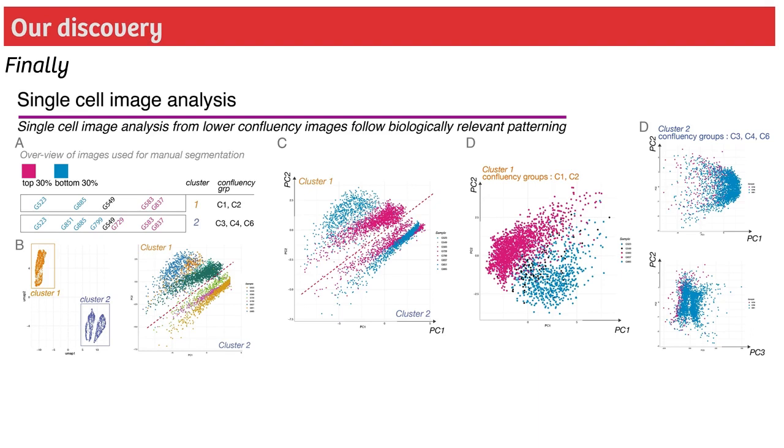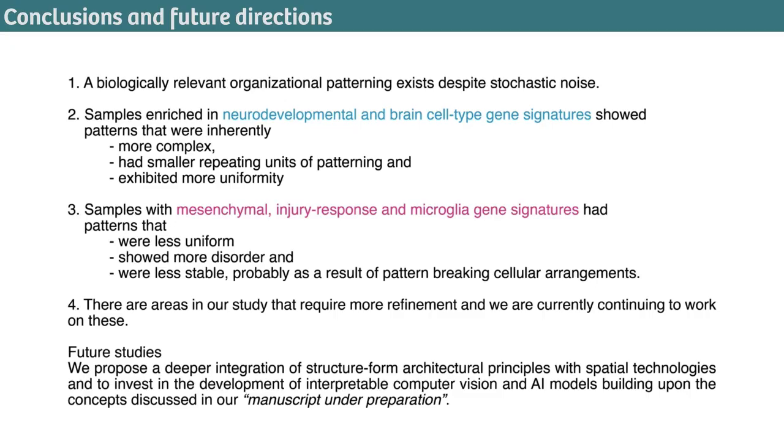The cells from the lower confluency images and cells from the higher confluency images were surprisingly not separating by any sort of gene expression based biology. We can talk more about it if you're interested, so come over to my poster. But in summary, there is a biologically relevant patterning that exists despite stochastic noise.